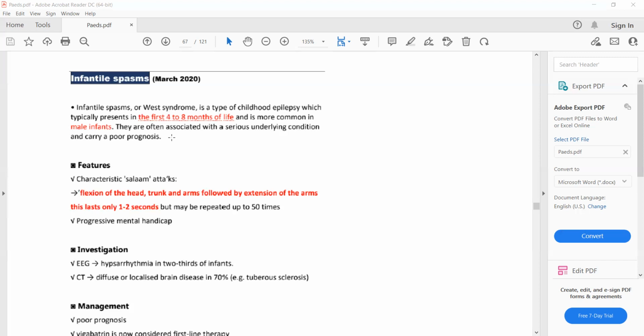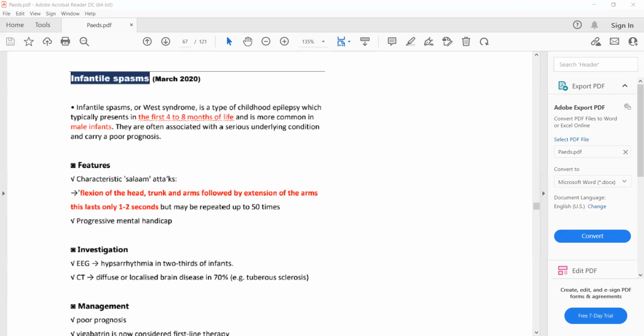Tuberous sclerosis is basically a genetic disease in which there is benign tumor formation in the brain. So it is sometimes associated in 70% of the cases. It is associated with infantile spasm, which can be confirmed on CT scan of the head. So infantile spasm are confirmed on EEG and CT scan.